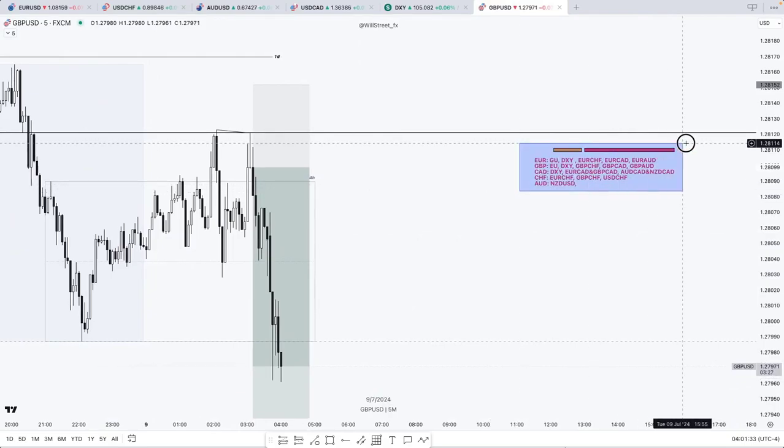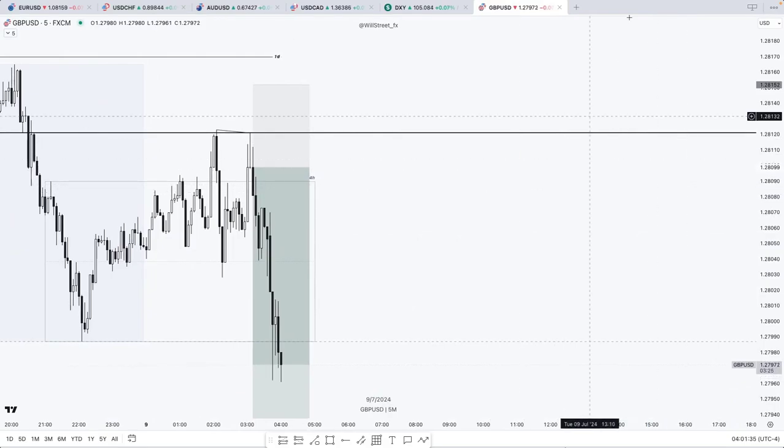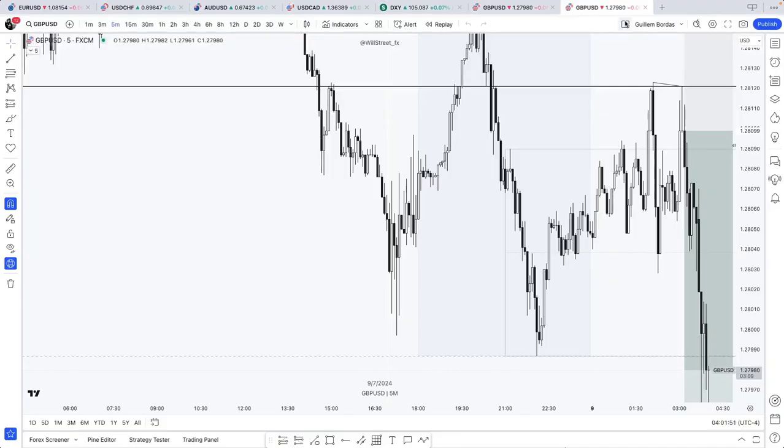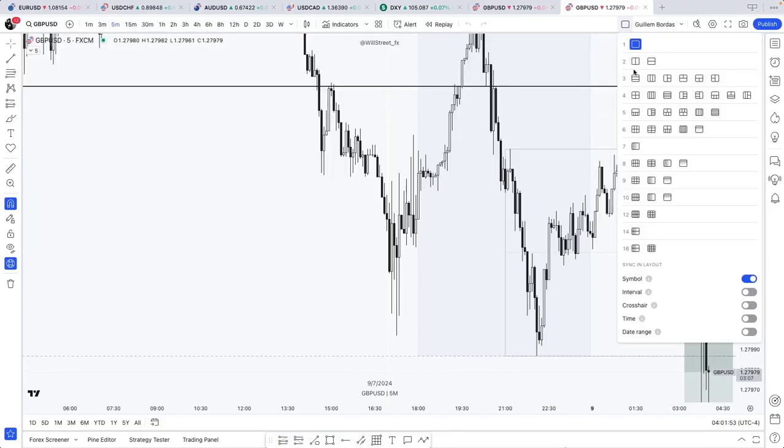Well, as I don't like wasting my time watching for SMTs, I want to watch it really quick. This is how I have my TradingView, how I split my TradingView.